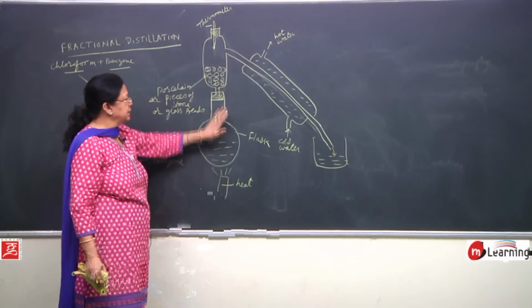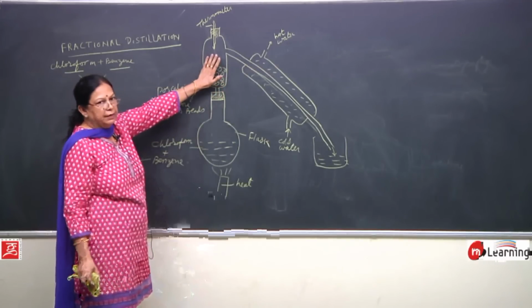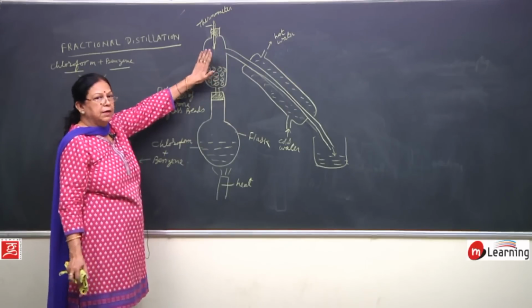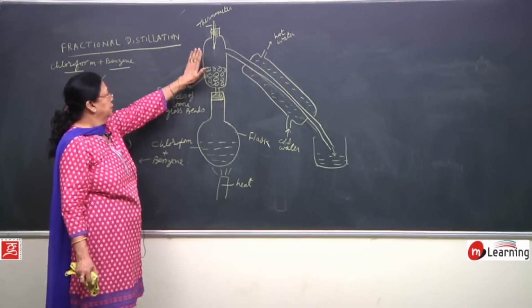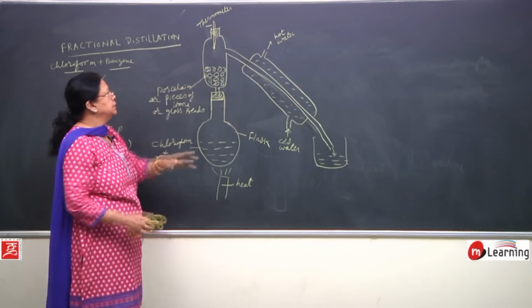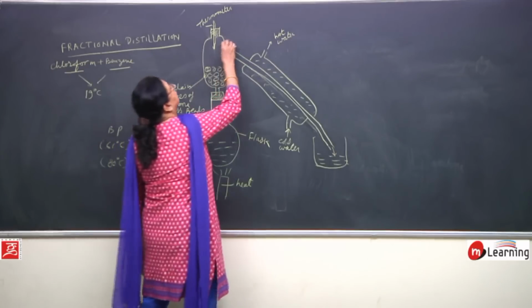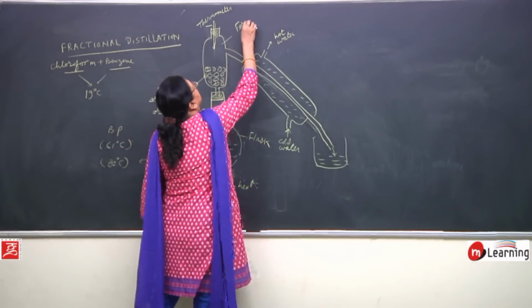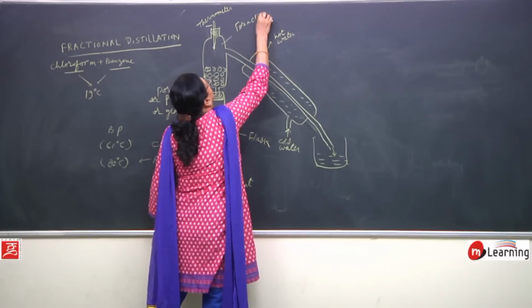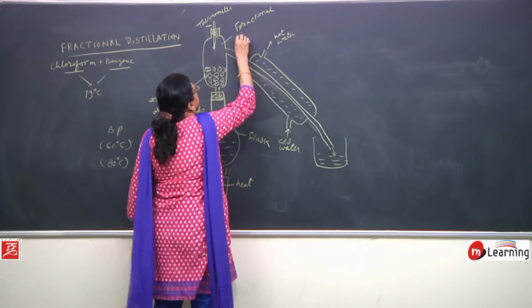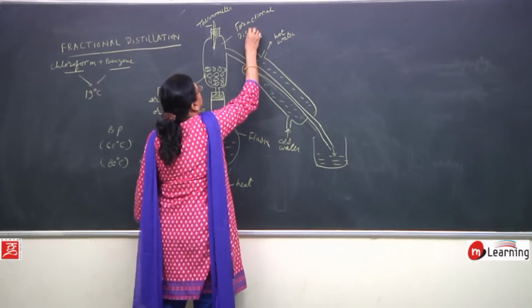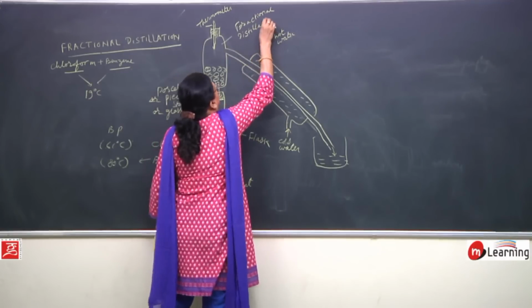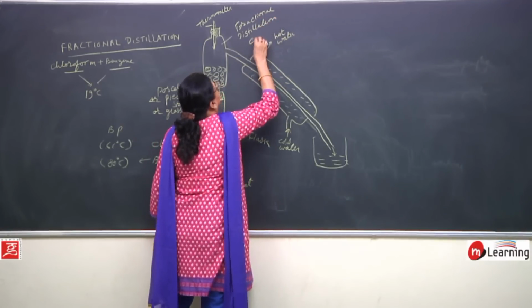So distillation is almost the same, only the thing which we have done here is that we have introduced a fractional distillation column. This is called the fractional distillation column.